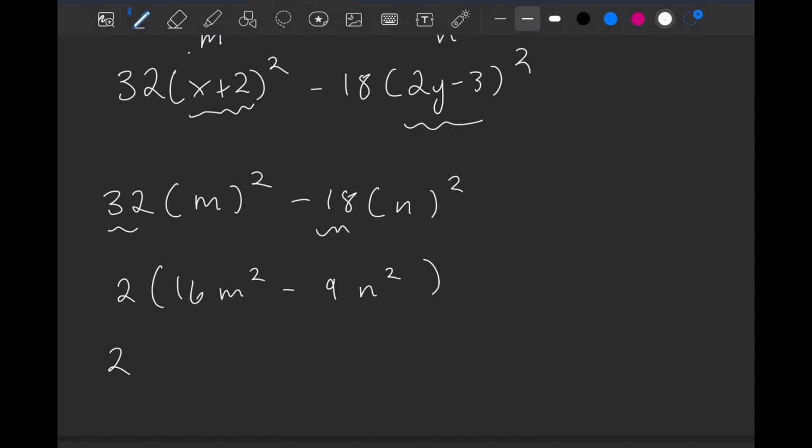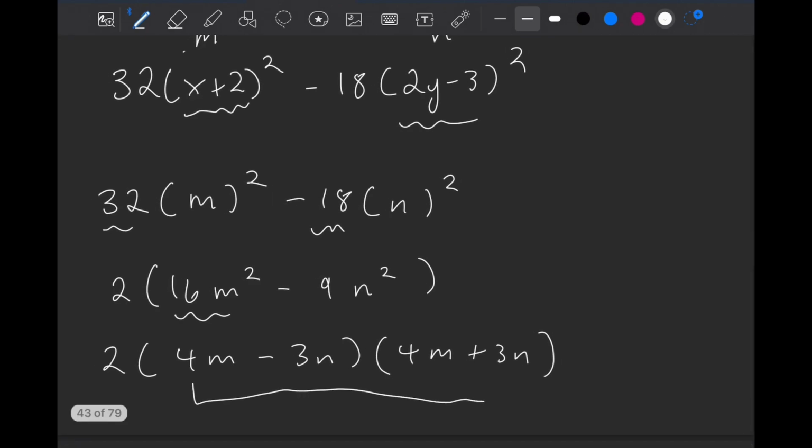And then this I can factor just using the difference of squares method. So that's going to be 4m minus 3n and 4m plus 3n, because both 16 and 9 are perfect squares.